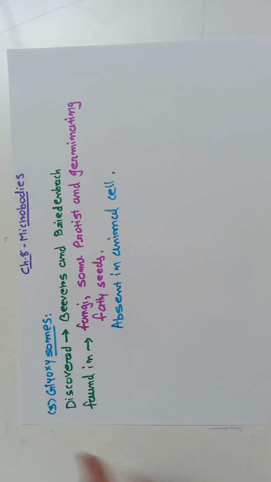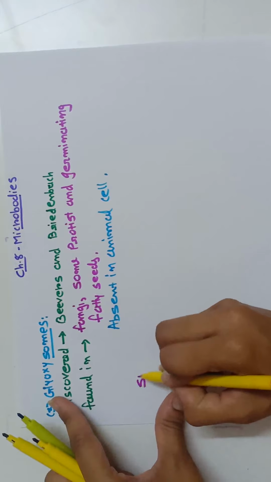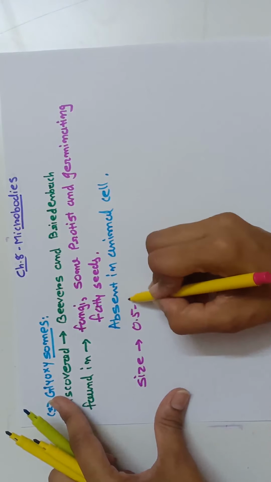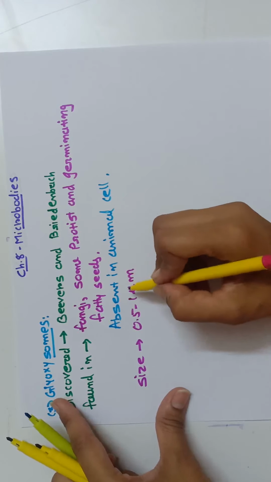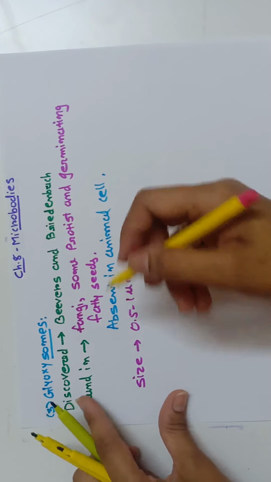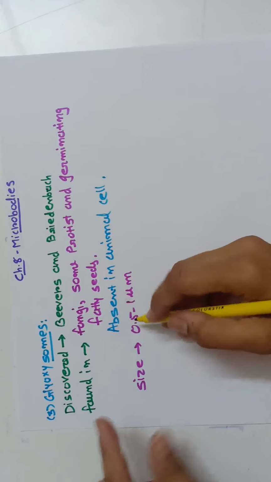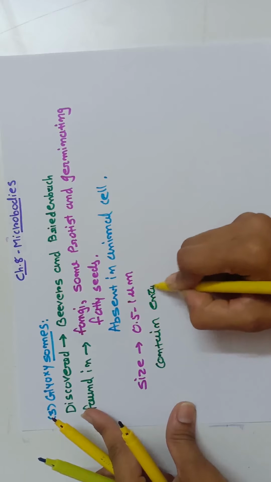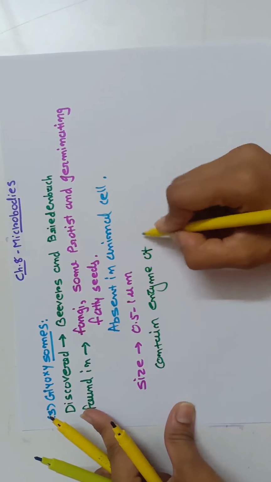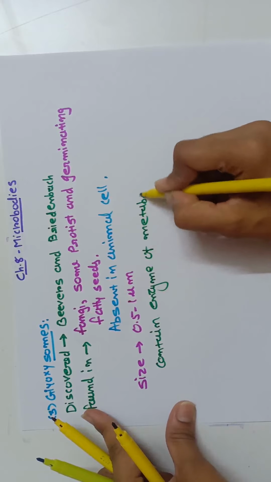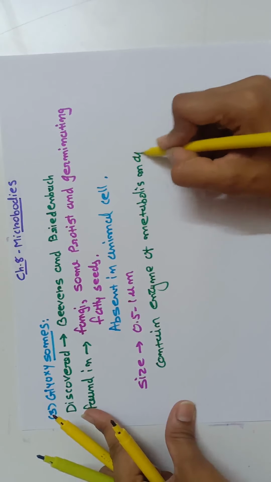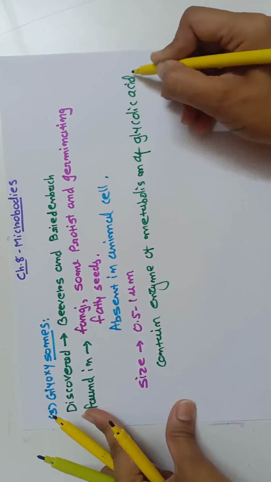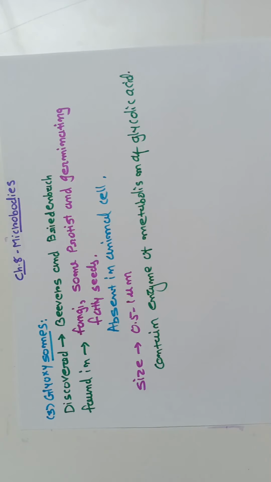The size of this glyoxysome is 0.5 to 1 micrometer. They contain enzymes of metabolism of glycolic acid via the glyoxylate cycle.